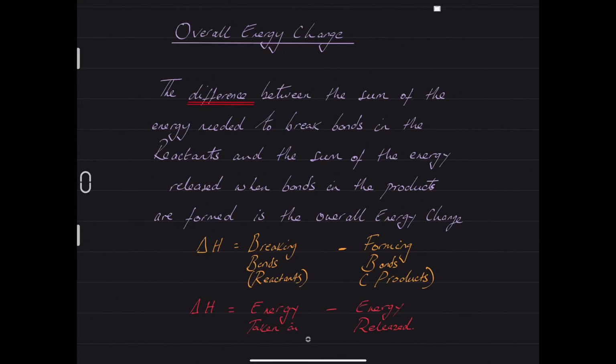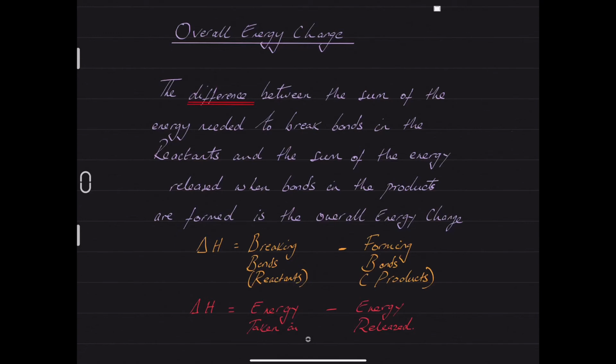And to do this, we need to know how to define an overall energy change. What we say is that the difference between the sum of the energy needed to break bonds in the reactants and the sum of the energy released when bonds in the products are formed is the overall energy change.